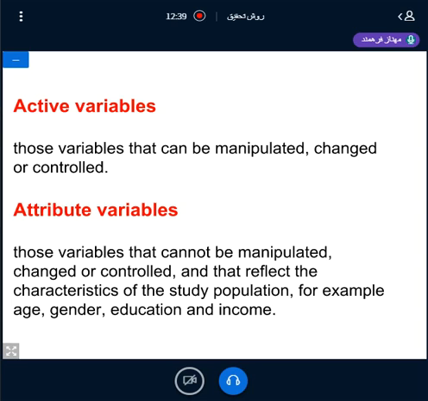And the effect of characteristics of the study population, for example, age, gender (gender means male or female), education, and income. Listen please, in your book you can see many examples, but we don't have much time in class for practice and talking about examples.